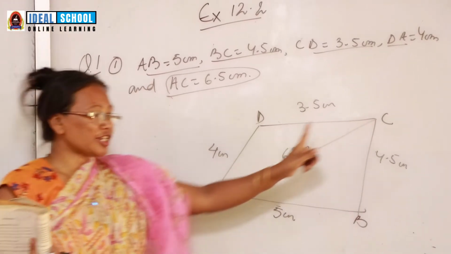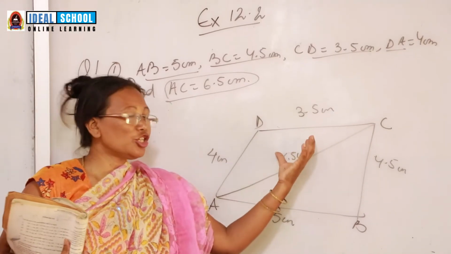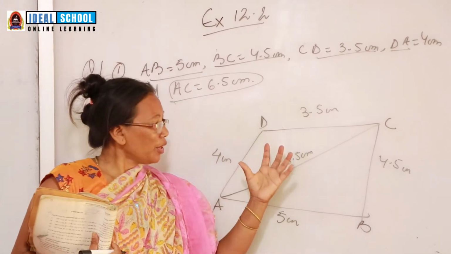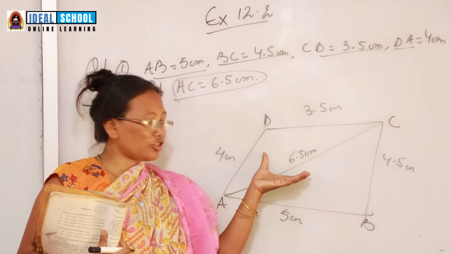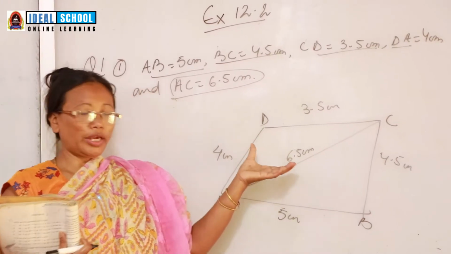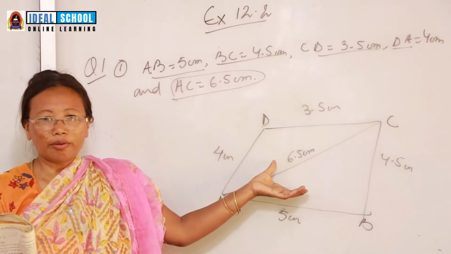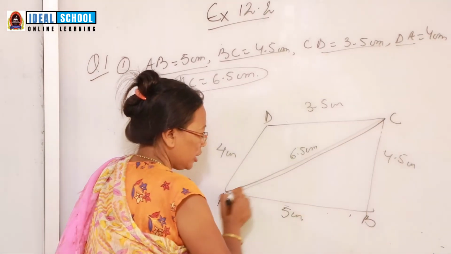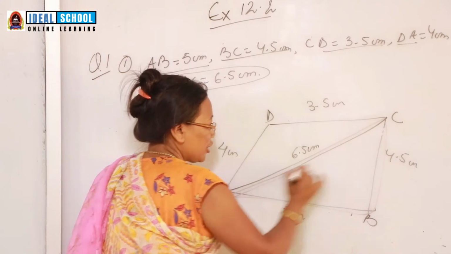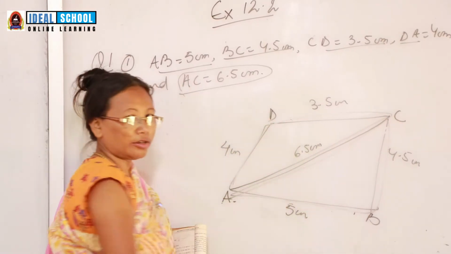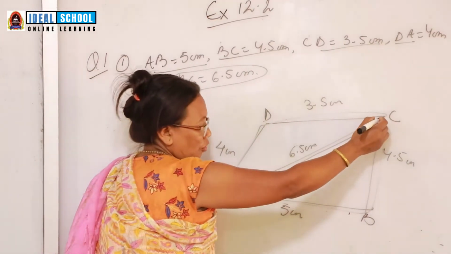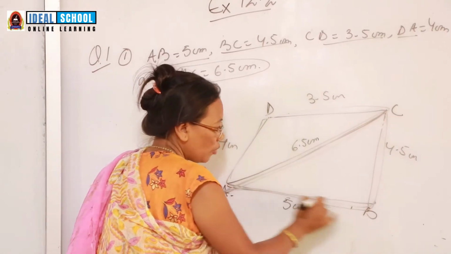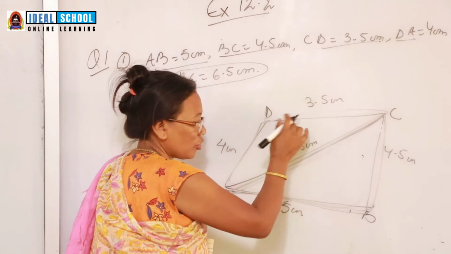After joining AC, we can see two triangles here. If we see the triangles, we can use the formula now. ABC is a triangle. ACD is a triangle. Now we can use Heron's formula for finding the area of this triangle, and secondly for this also.